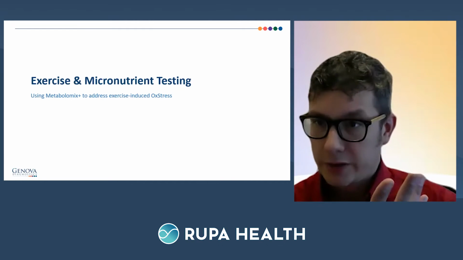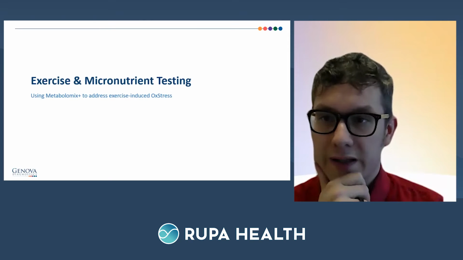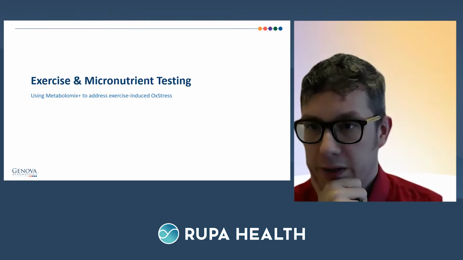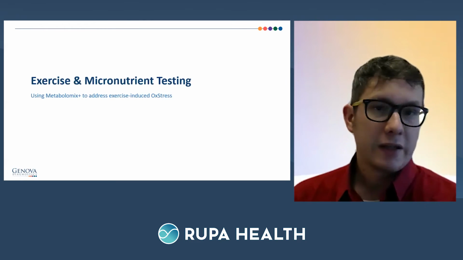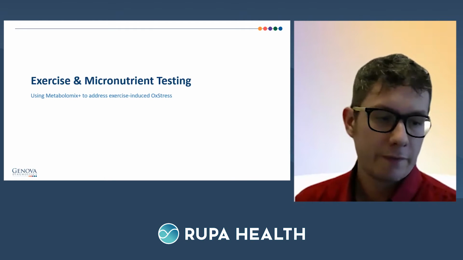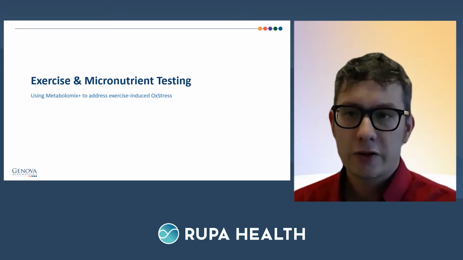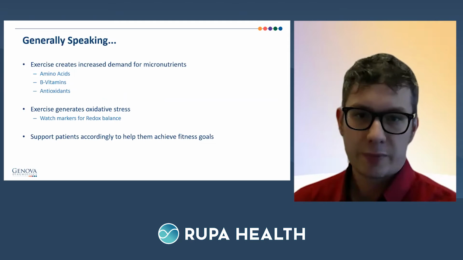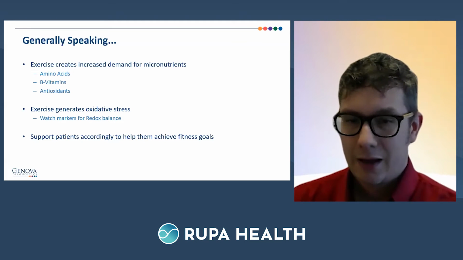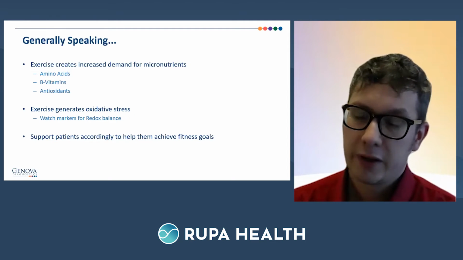Another lifestyle thing that can demonstrate a little bit about oxidative stress is exercise. And this is another, I think, really great way to utilize the Metabolomics Plus test, because so often we'll be running these on chronic disease patients, certainly, but also on people who are very fit and are wanting to optimize their performance. And there's so much insight to be gleaned with respect to that, because at the end of the day, exercise really creates an increased demand for micronutrients.